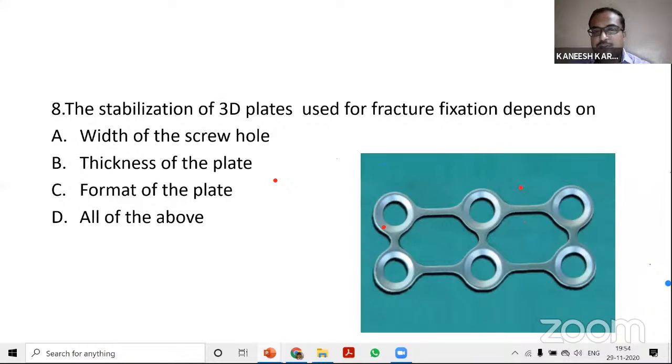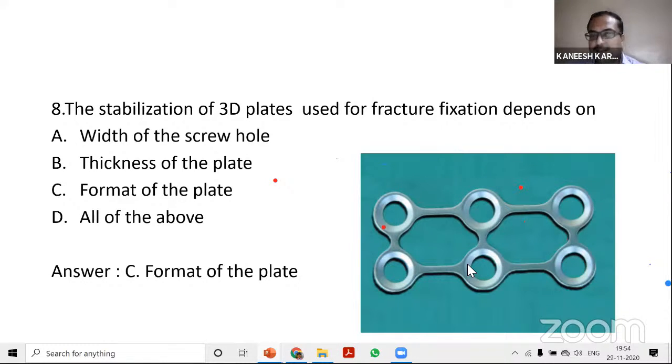It is because of the format of the plate which gives the stability of the fracture fragments, not the thickness, not the width, nothing.